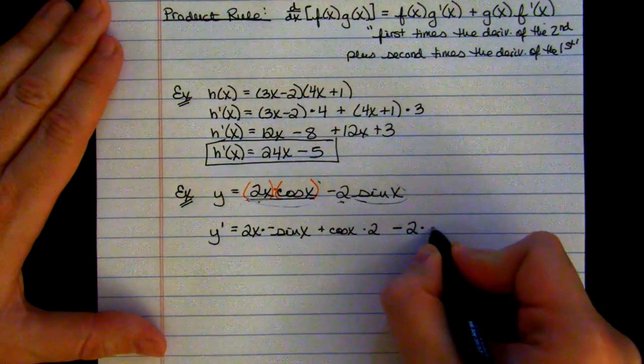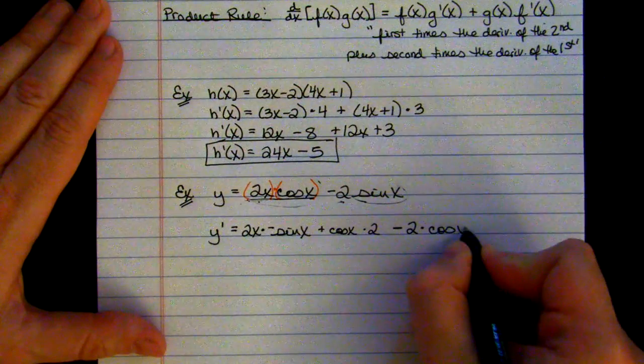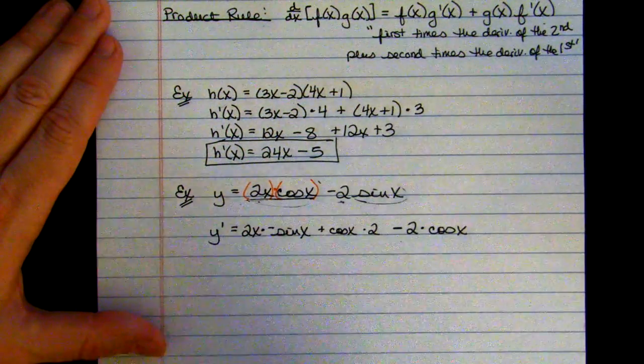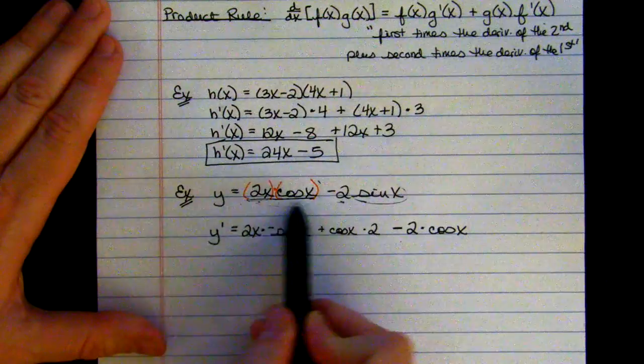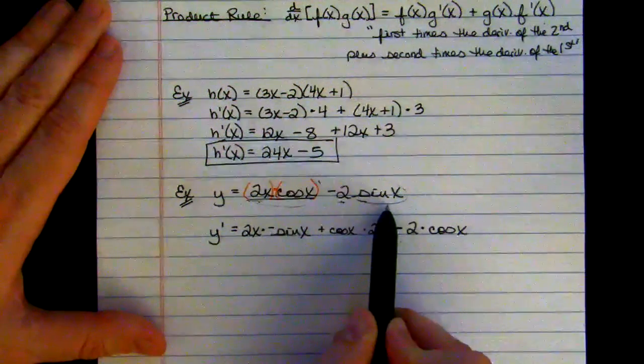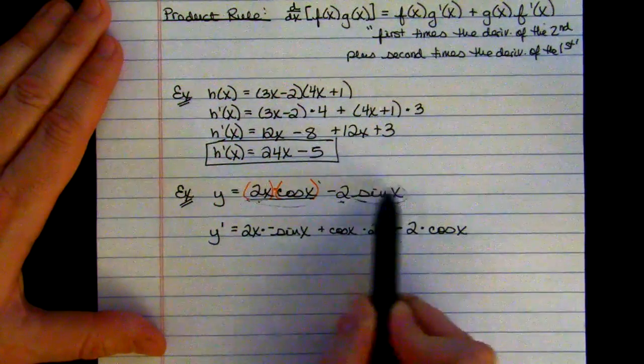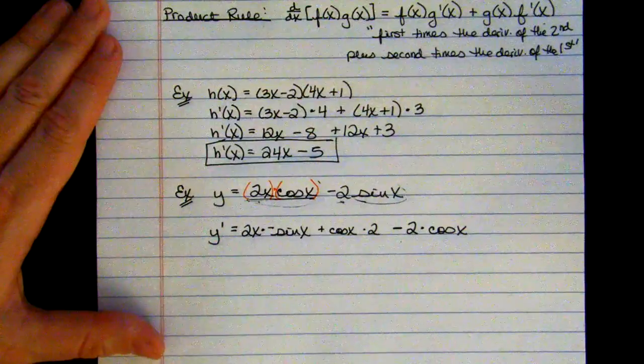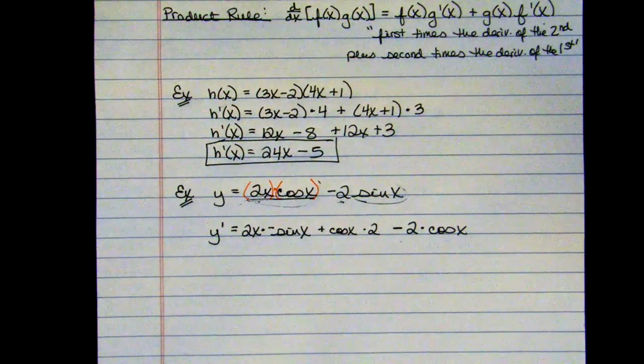That'll work. And I'm going to get minus 2 times the cosine of x. I couldn't do that trick over here because both of my pieces of the product involved variables. Over here, because this product was a constant times something with variables, I can use my constant multiplier rule. Take a moment and clean that up.